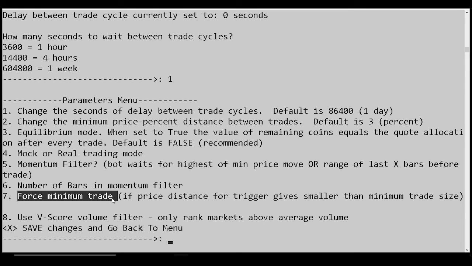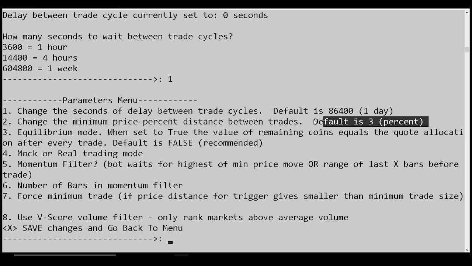I think it would be better to trade fewer markets with enough allocation such that the minimum trade size is always available at whatever percent minimum distance between trades, right? Basically how it works, if the price goes down by 10%, you're going to spend 10% of the remaining dollars on the coin.